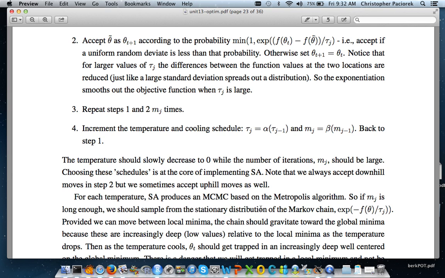Suppose this is a likelihood or a log likelihood. Then to get to this version where we're trying to minimize and we've flattened it out, we do exp of minus f of theta divided by tau j. And tau j is the parameter that determines how flattened this is and how flattened each of the different steps is. So j is indexing going from step 1, step 2, step 3, and so on and so forth.